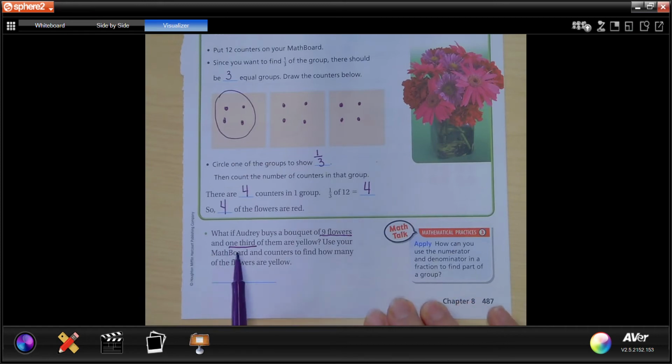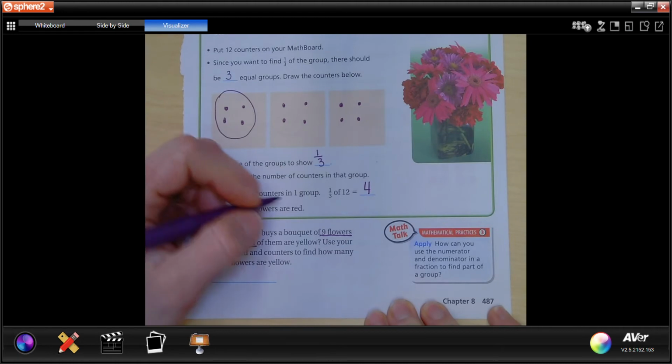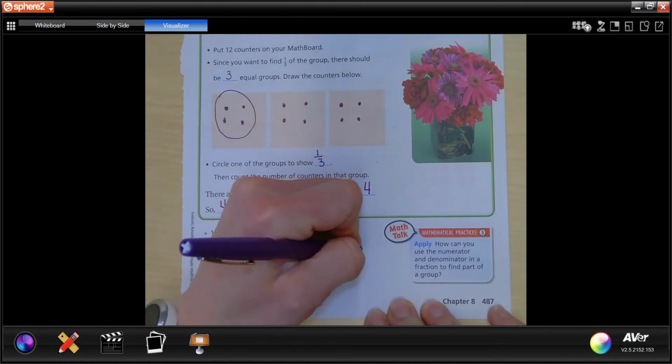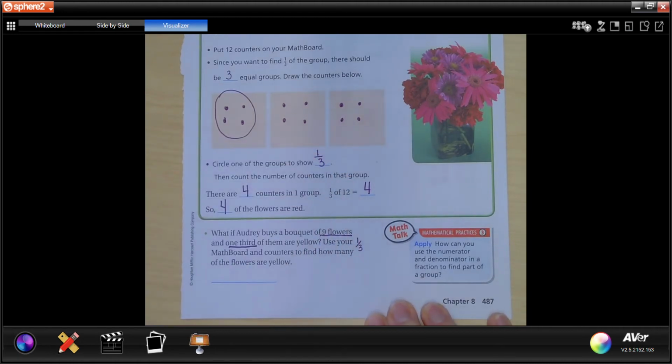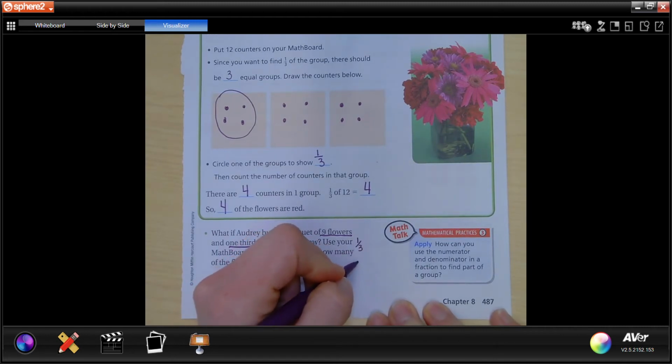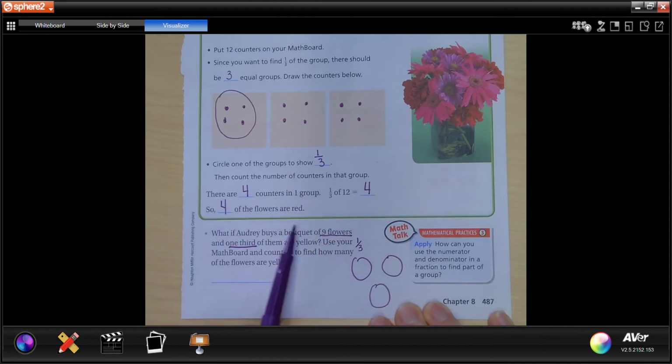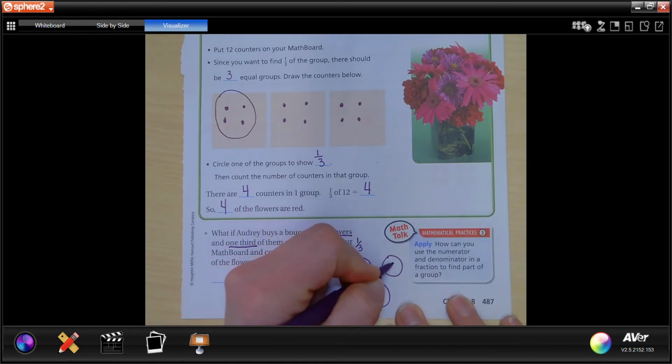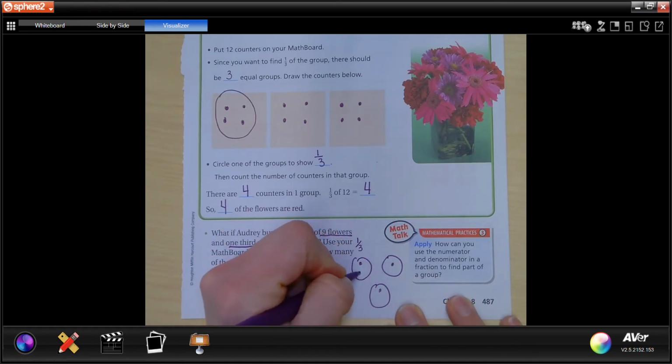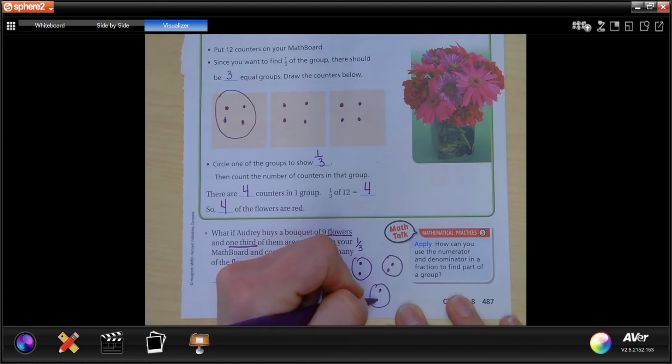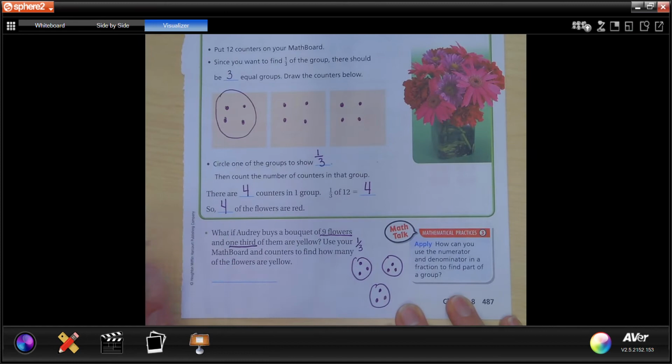So that means if it's 1/3, how many groups do we need? We need 3 equal groups. So 1, 2, 3. And we have 9 flowers to divide into these 3 equal groups. 1, 2, 3, 4, 5, 6, 7, 8, 9.